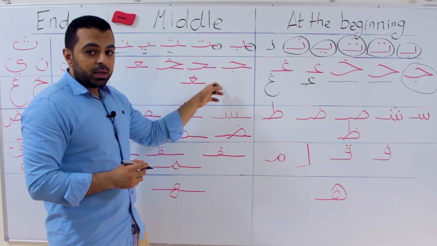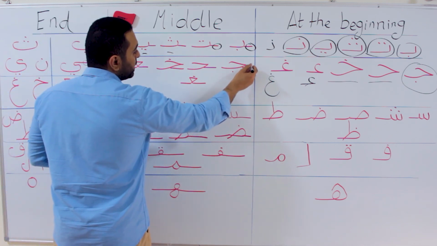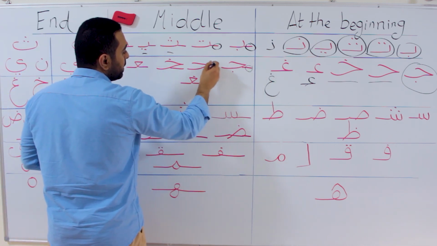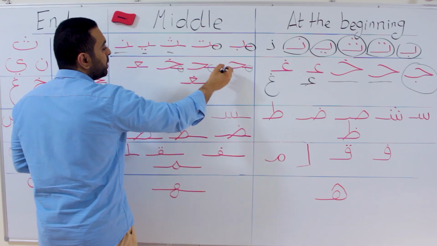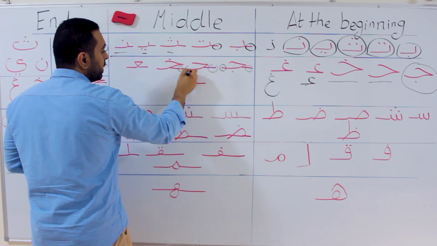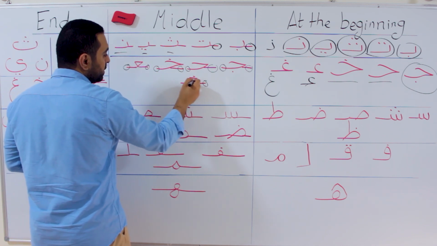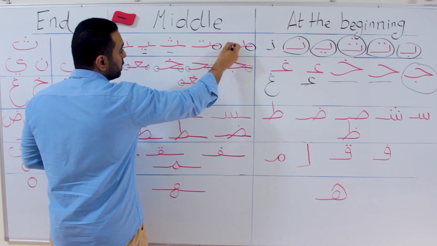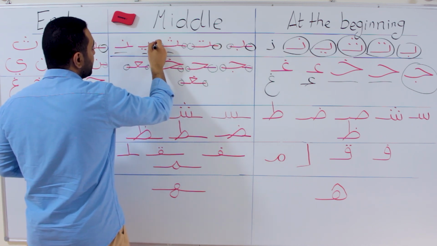Now, in the middle, it's the same as at the beginning, except for the tail from here, and also connected to the next one from here. Okay, because it's in the middle. Now this one also, I didn't mention it, so now I mentioned it.